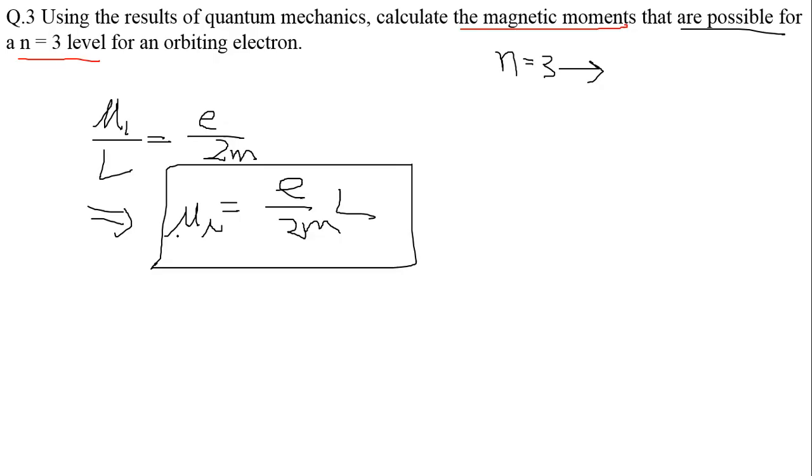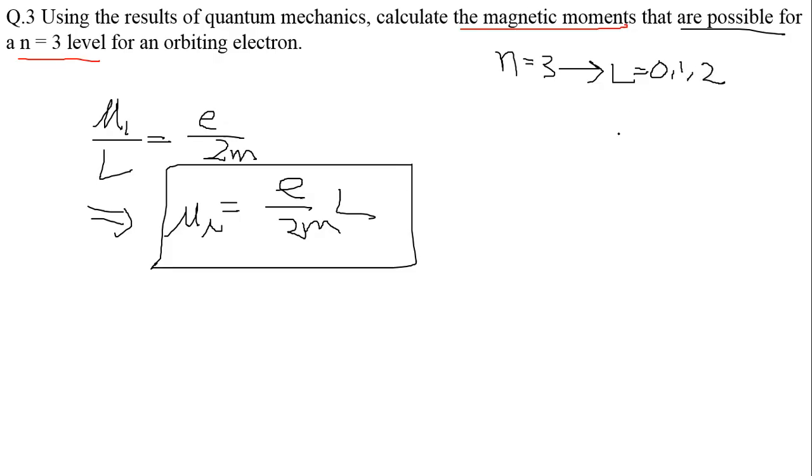So for n equal to 3, what are the L values? Can anyone tell? For n equals 3, the L values are 0 to n minus 1, that is 0, 1, 2.